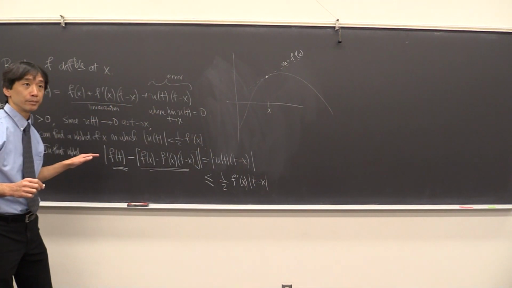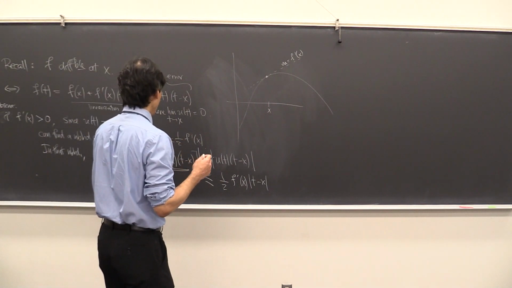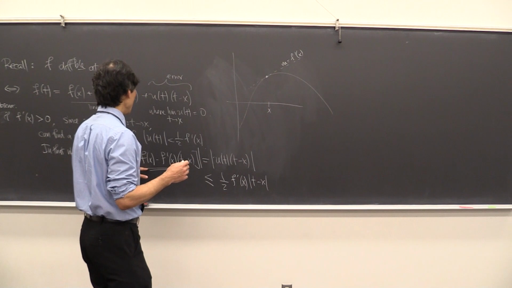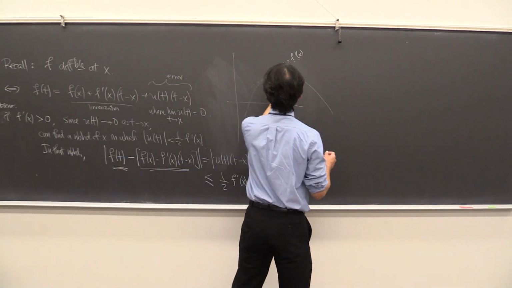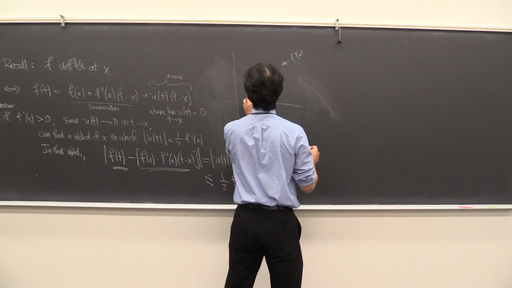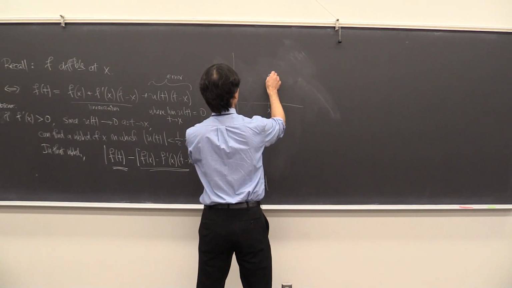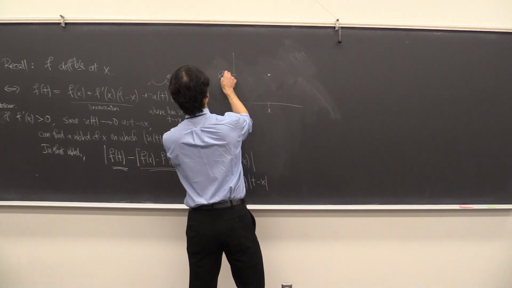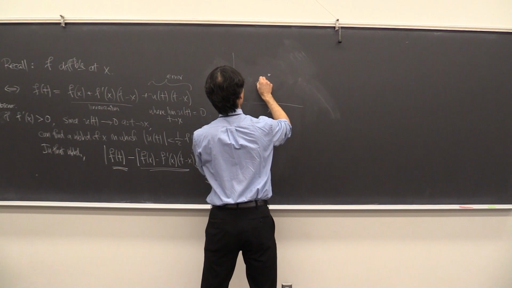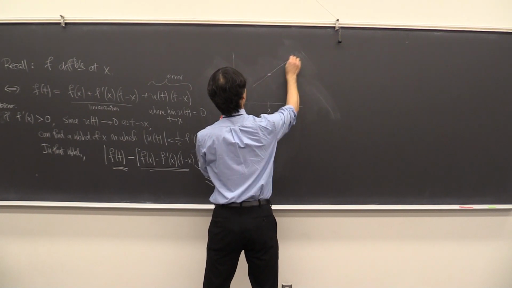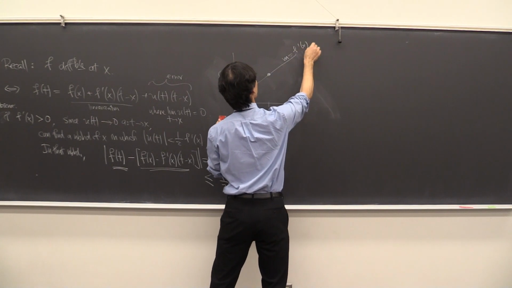So what does that mean? Suppose this is our point f of x, and then we have some tangent line with slope f prime x.